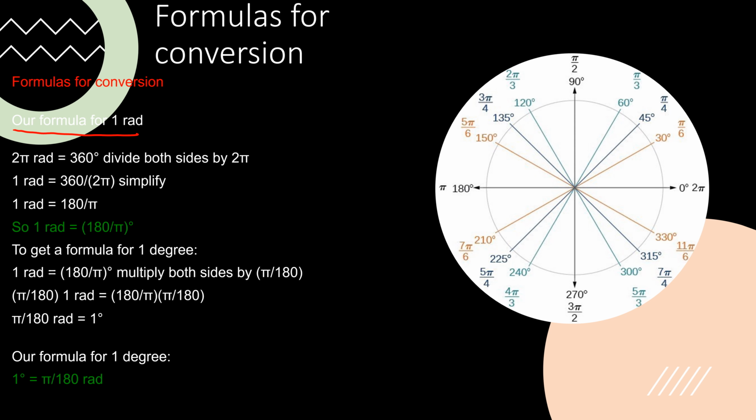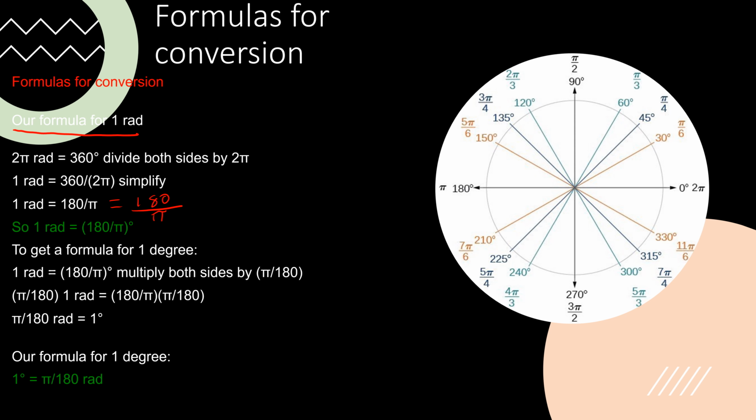I'm going to divide both sides by 2 pi. And when I simplify 360 divided by 2, I get 180. I could also write it out like this, which is typically how it's written. So 1 radian is going to equal 180 over pi.